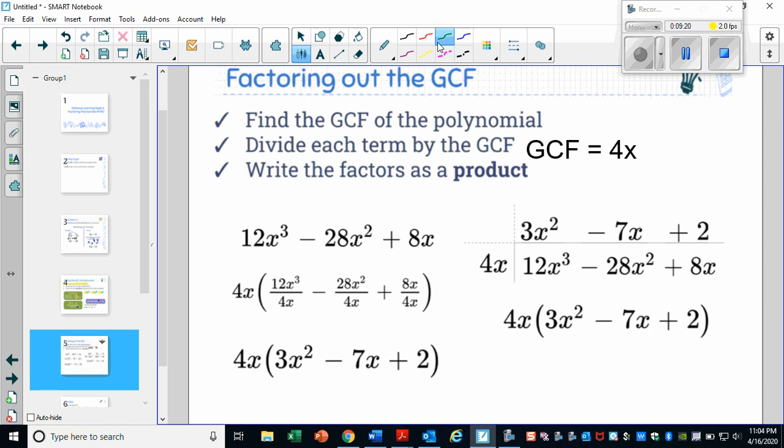And then for the last case, keep your plus sign. 8 divided by 4 is 2. Now, x divided by x, 1 minus 1 is 0. So in the end, this x term goes away.